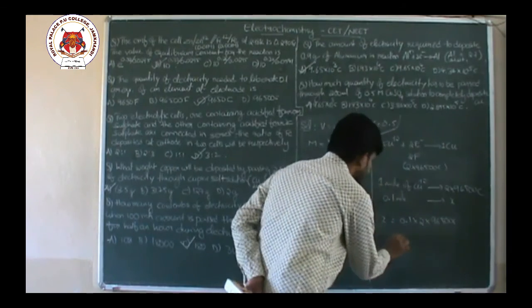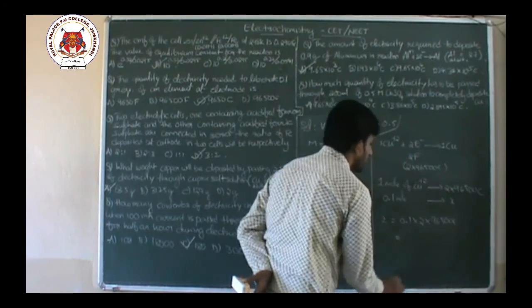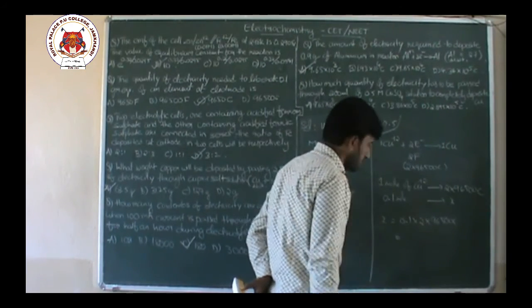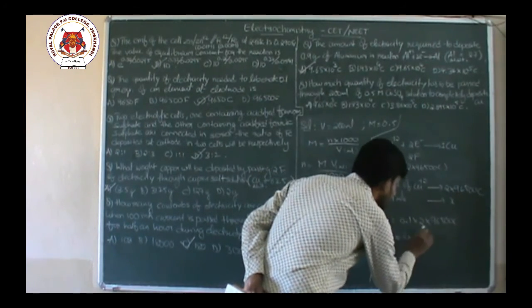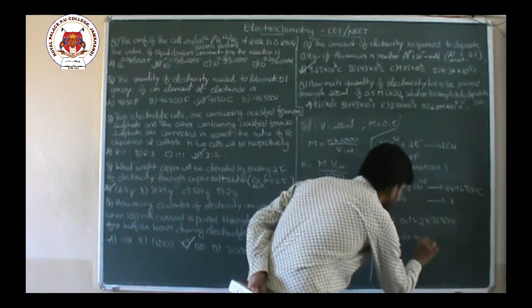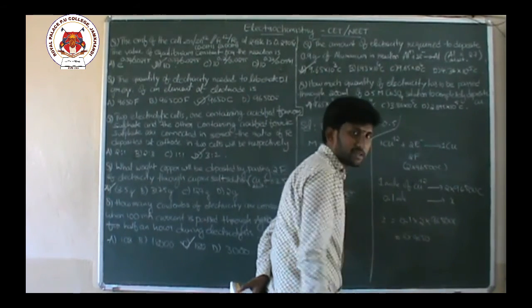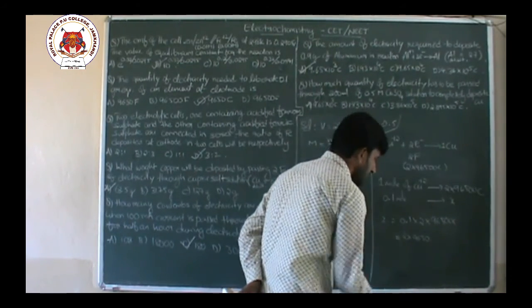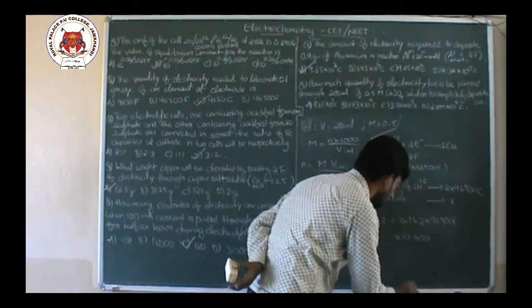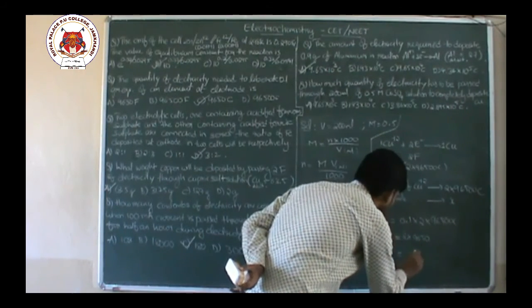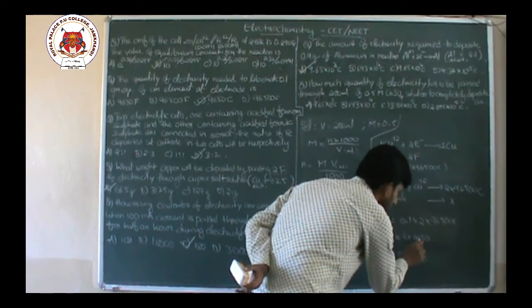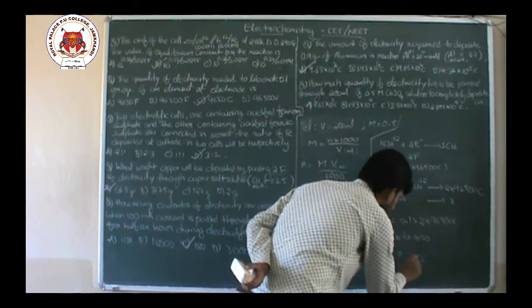Okay. That means here I can say 0.1 means 1 by 10. So that means 2 into 9650, because 1 by 10, the 0 can cancel. So 9650 remains. So 2 into 9650 means how much it will be? So 2 5s it is 10, it is 0 then 2 6 it is 12, so 13, then 2 9s 18, so 19.